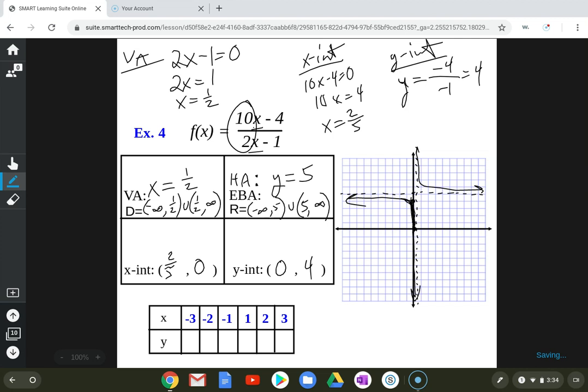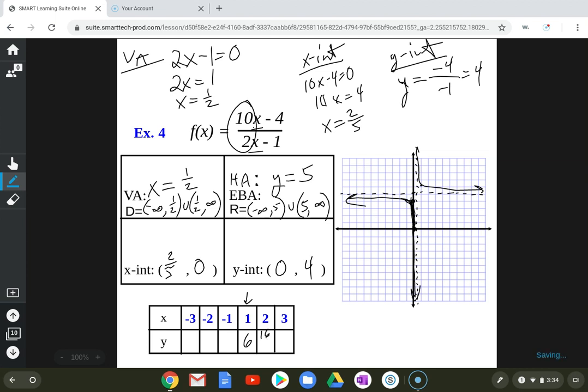If you wanted to make a table, just plug in a few x values near your asymptote. So for example, if I plug in x equals 1, I would get 10 minus 4, which is 6, over 2 minus 1, which is 1. So I have the point (1, 6), which I didn't do bad with drawing right there. And then if I plug in 2, I get 20 minus 4, which is 16, over 4 minus 1, which is 3.